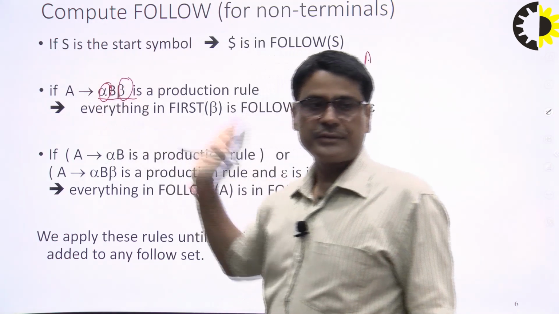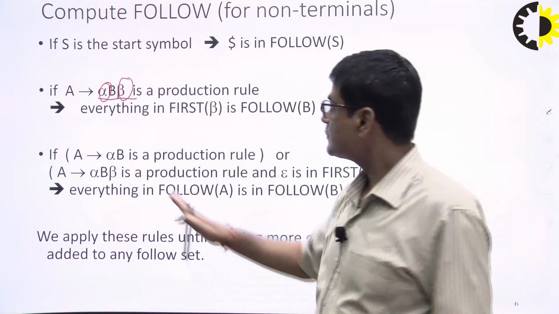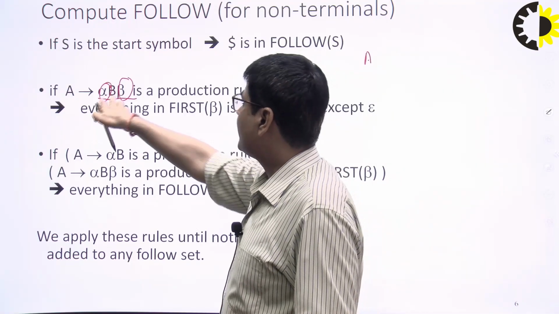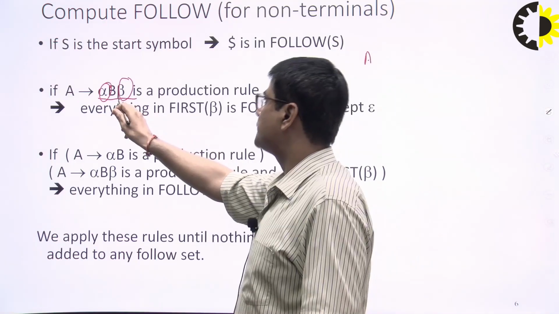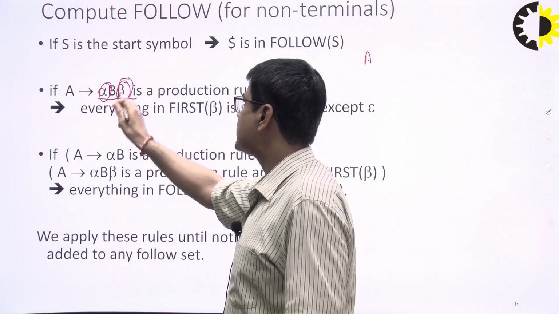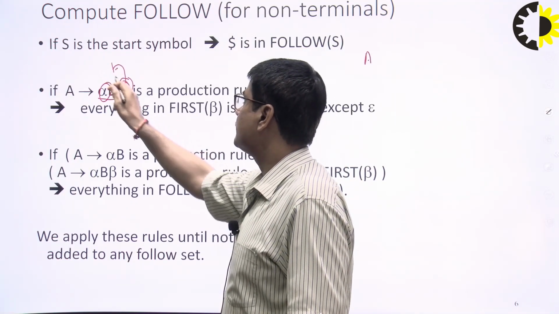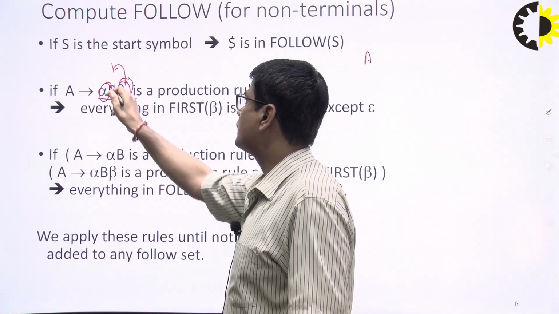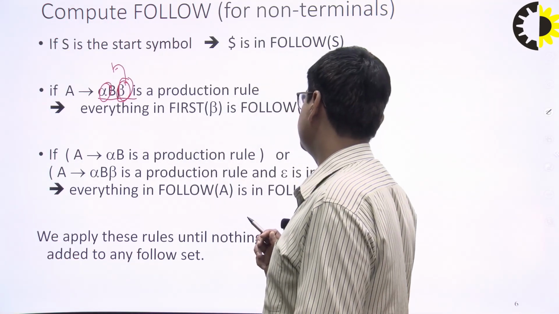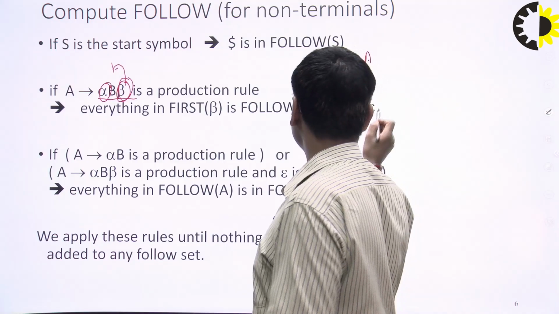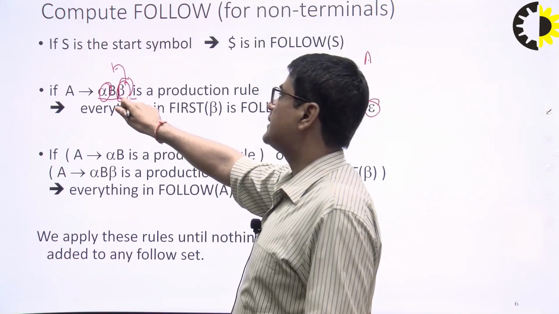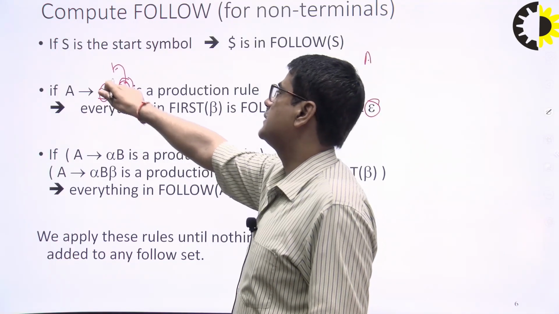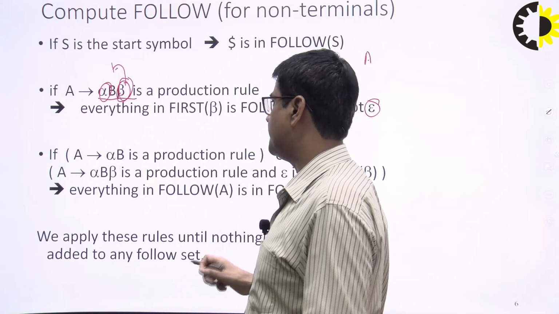So A produces alpha B beta is the production rule. Whatever is in first of beta, that would go into follow of capital B, except epsilon. So whatever non-epsilon symbols are in first of beta, that would just be added in follow of capital B.